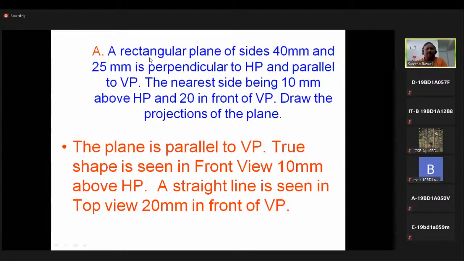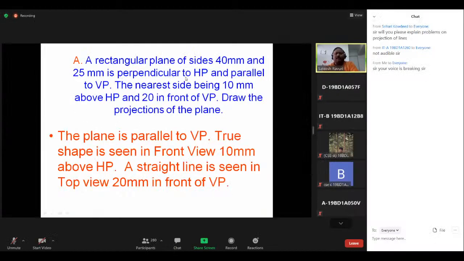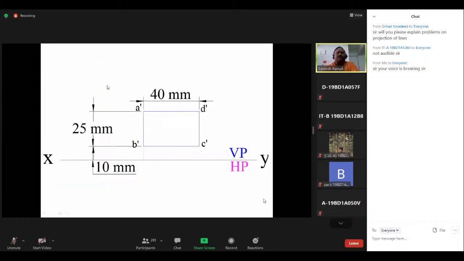Remember one thing, a rectangular plane is perpendicular to HP and parallel to VP. So as far as the rectangular plane is perpendicular to HP, we are going to get a line on HP. And as it is parallel to VP, we will get true shape, that is rectangular shape in VP.